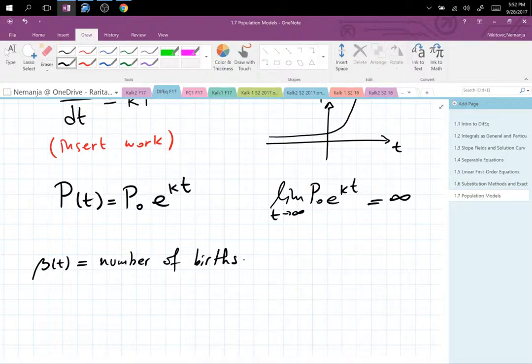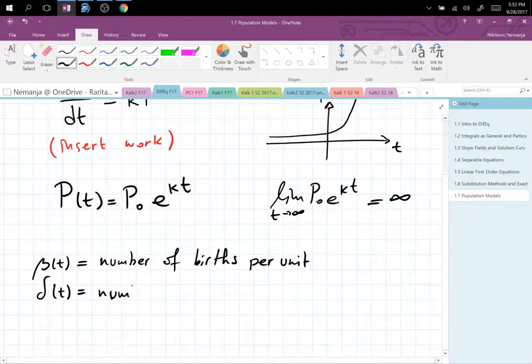Oh, there are too many times in units here. And delta of t is the number of deaths per unit of population per unit time, and so on.